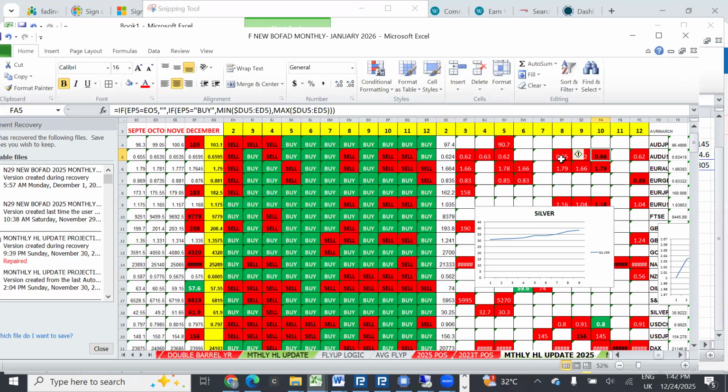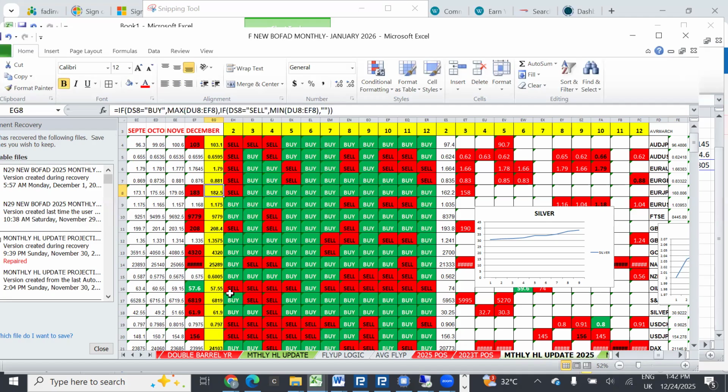Can you see that? So the market was going upwards. Look at this, for example, Euro JPY was a buy from this point at 158, and the current price is 182.5. Wow. So you can see right from February or March, the market has been an uptrend.